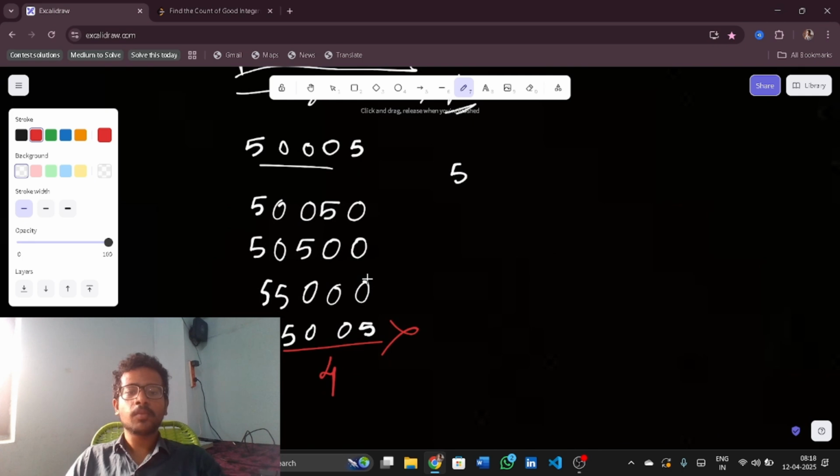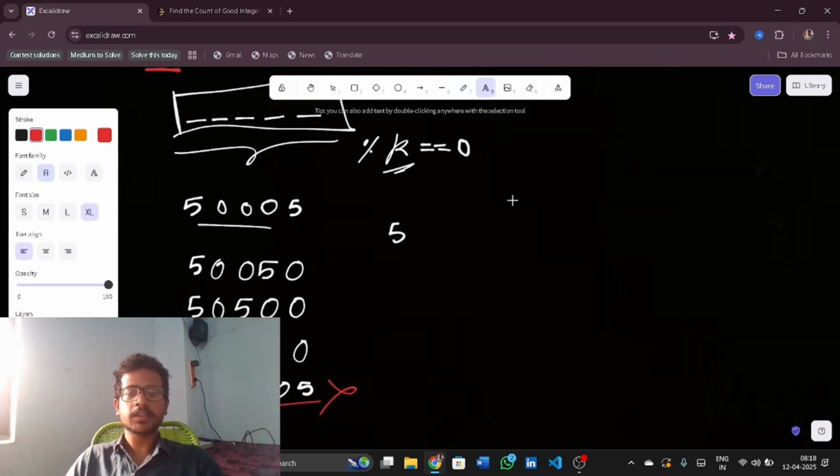So the formula for permutation and combination is something like this.